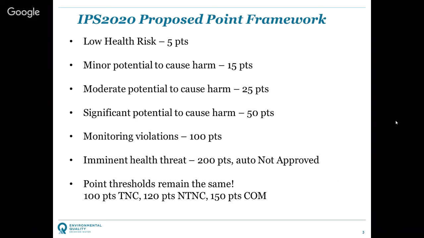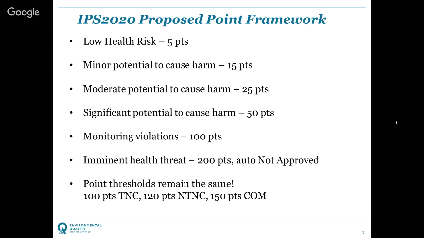This is just to give you an idea of how we're trying to streamline the points. You probably notice on your IPS report that currently some of the items will have 2 points or 7 points or 35 points. They're all over the place with the current point framework, and they haven't changed significantly since the rule was enacted in 1996. So we're going through an entire reboot of the rule.